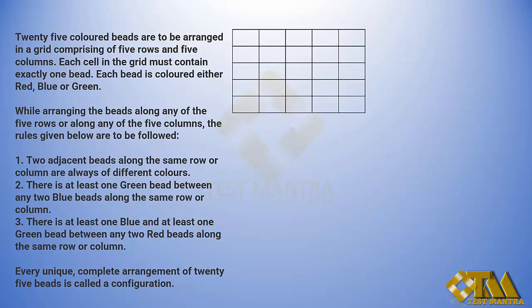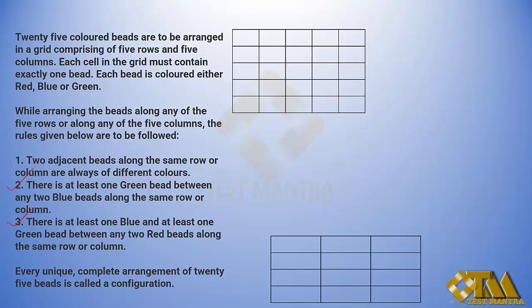So now let's say we have a grid available here, and I want to insert these beads here, and I have to follow basically these two rules, right? Rule number 2 and rule number 3. These are the mandatory rules available here.